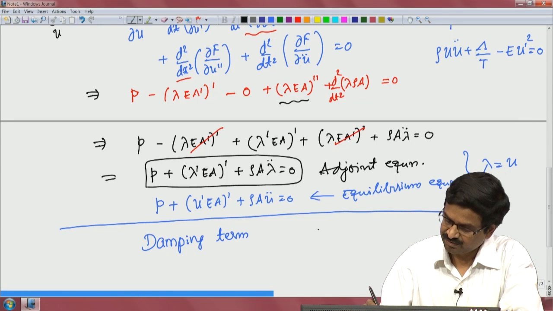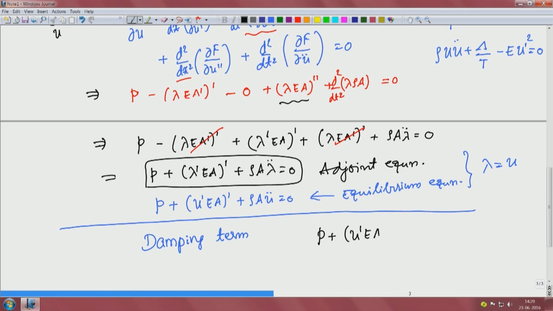So, I will write the equation that we have: P, E A u prime prime plus rho A u double dot. Now, let us add a u dot term with some damping, let us say we will call it B u dot, equal to 0. So, earlier we only had this, but now we have this extra term, this is our damping term, right.